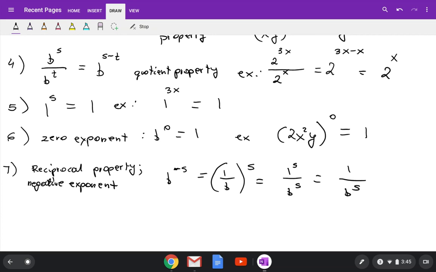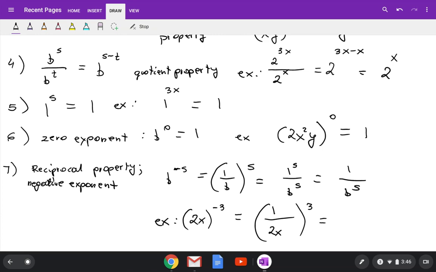So an example of negative exponents: 2x to the power of negative 3. This is the same as 1 over 2x. When you take the reciprocal of your base, in this case 2x, that exponent will become positive.